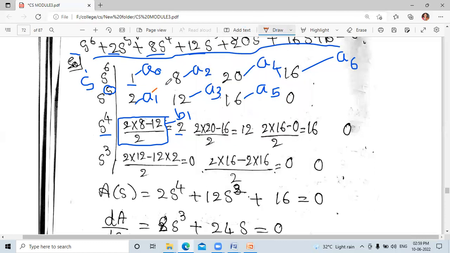A1 into A2 and A0 into A3: A1 into A2 minus A3 into A0 divided by A1 only.